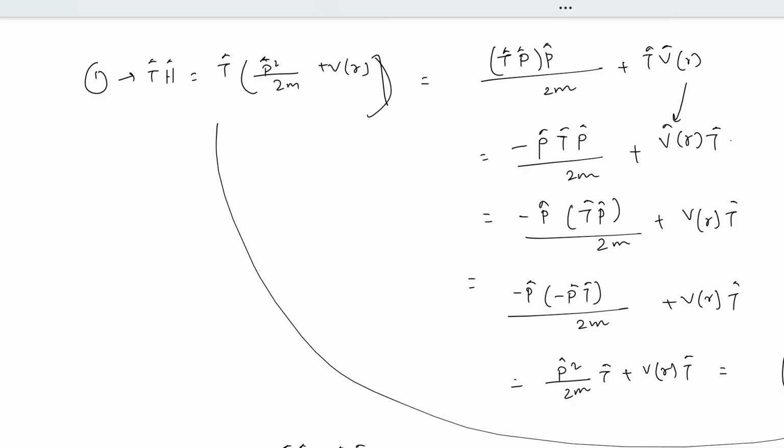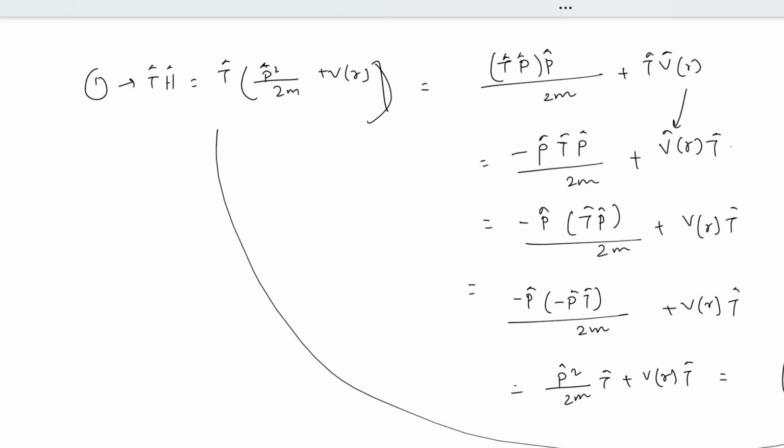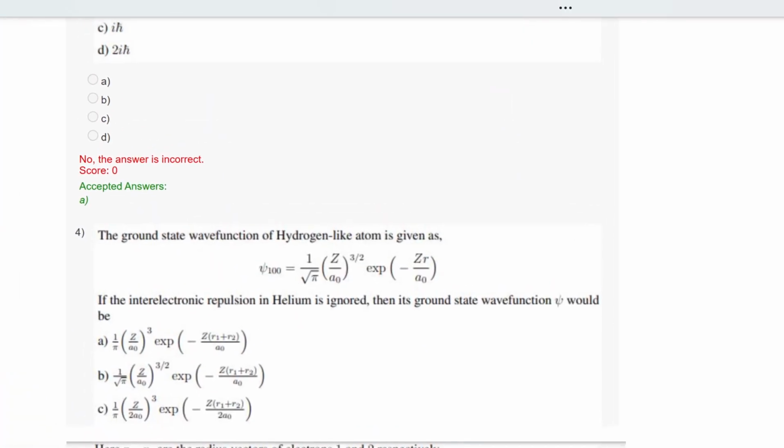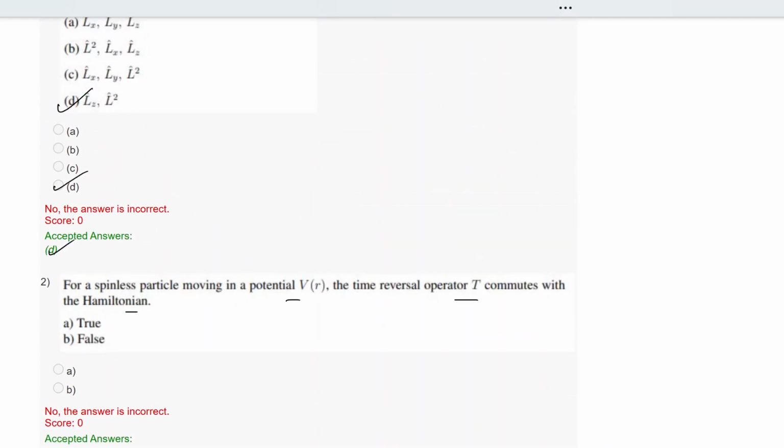So the Hamiltonian remains unchanged under the time reversal operation. All of this can be concluded by only this proof that T and H commutation bracket relation is 0. So T commutes with the Hamiltonian, that is true.